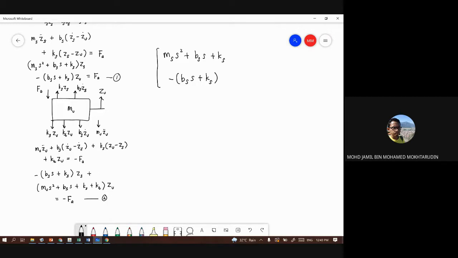On the second column, the first equation has negative (Bs s plus Ks), and the second equation has Mu s squared plus Bs s plus Ks plus Kt.